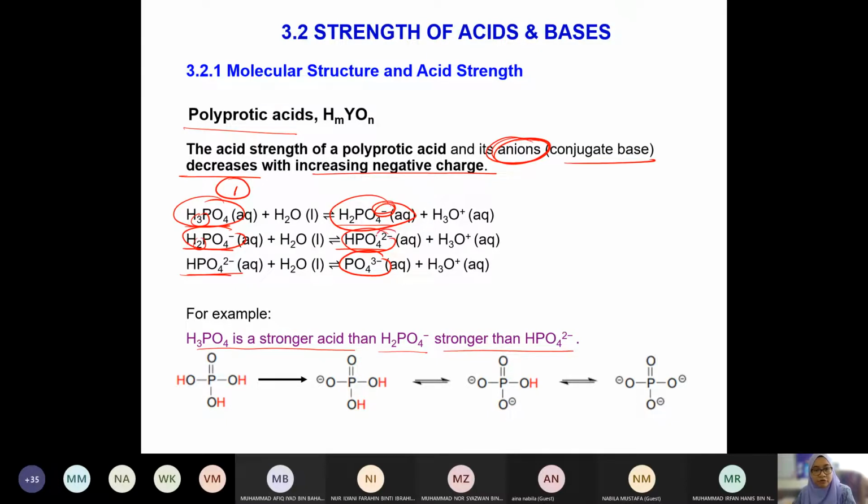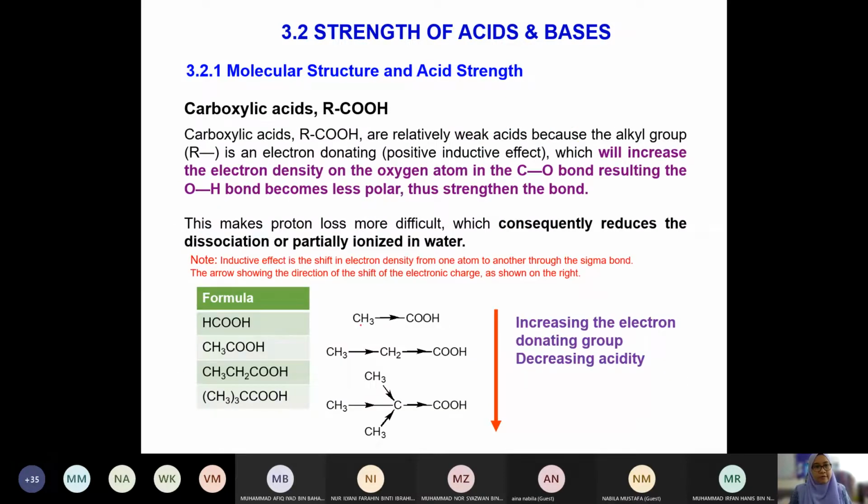Because it produces -2 compared to HPO42 minus, sebab dia punya anion punya charge is the highest. Dia produce 3 minus ion bila dia dissociate. Okay? Alright. So this is polyprotic acid, guys. Okay? Alright, done with that.